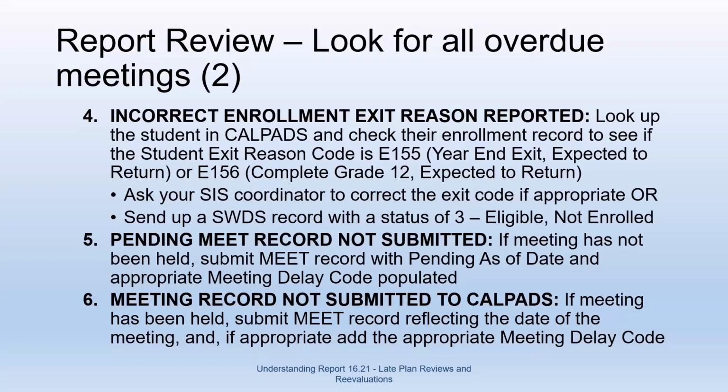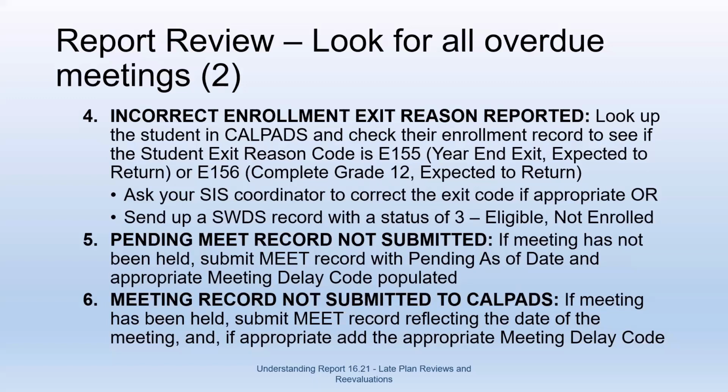So how do you get them off? Number one, you talk to your SIS or CALPADS administrator and ask them to review those students and update their exit codes accordingly. Oftentimes those kids have gone to private schools, they've moved out of state. In some cases, they may have dropped out. They may have moved out of the country.